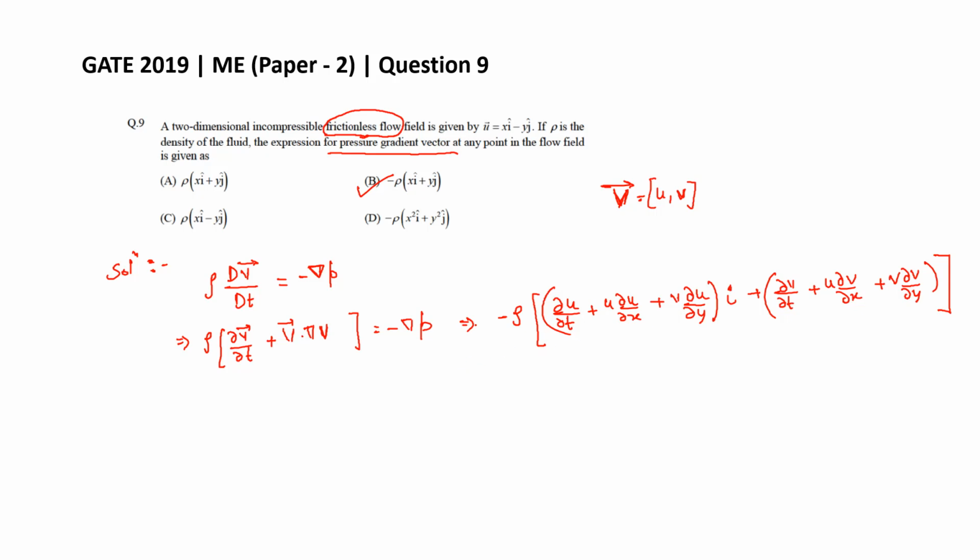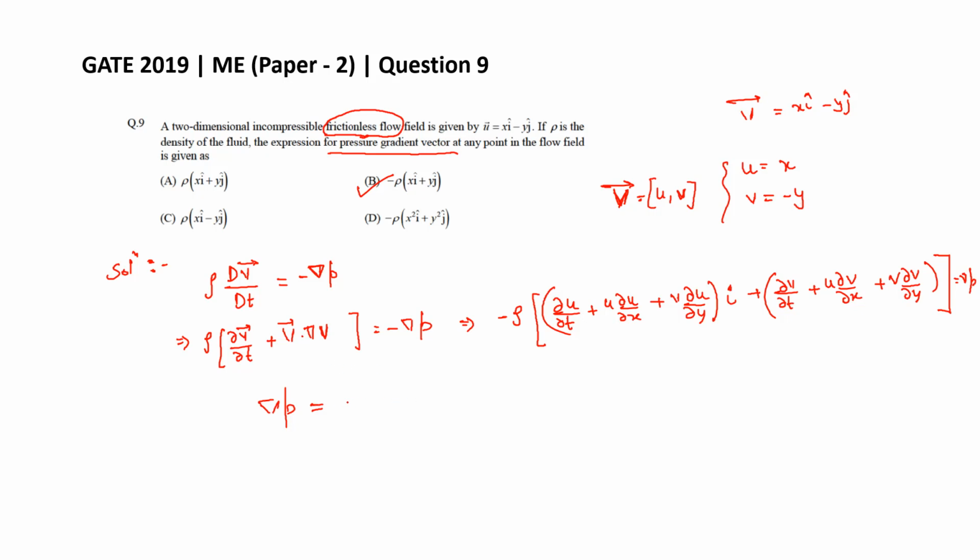Okay, so this is our pressure gradient, grad of P. So again, grad of P will be equal to, now since u and v are, okay, let's also write what u and v for us are. Since this velocity vector is given as x i cap minus y j cap, then the u velocity becomes x and v velocity becomes minus y.